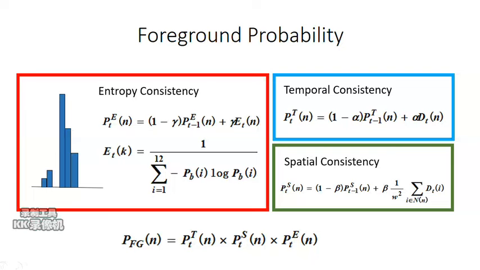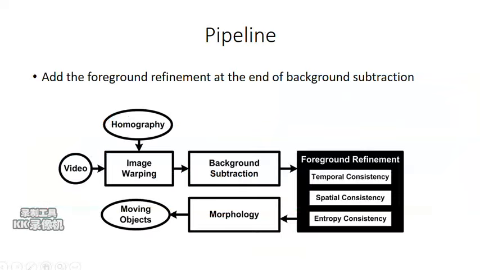The foreground probability, PFG, is defined as the multiplication of temporal, spatial, and entropy properties. The pixels with foreground probability smaller than a threshold are removed from the initial result. Here is the final pipeline: our foreground refinement is a probability model involving temporal, spatial, and entropy consistency.